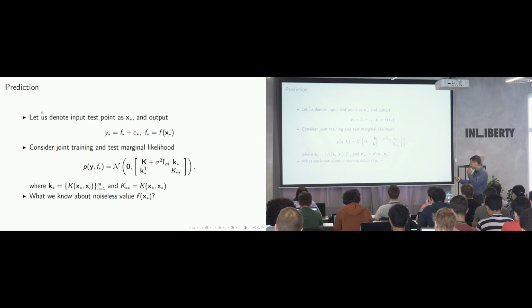Then this covariance submatrix is equal to the cross covariances between f star and the vector y. So k star is a vector of size m equal to the cross covariances between the new point and the points from the training sample. And this value is equal to the covariance of f star with itself.